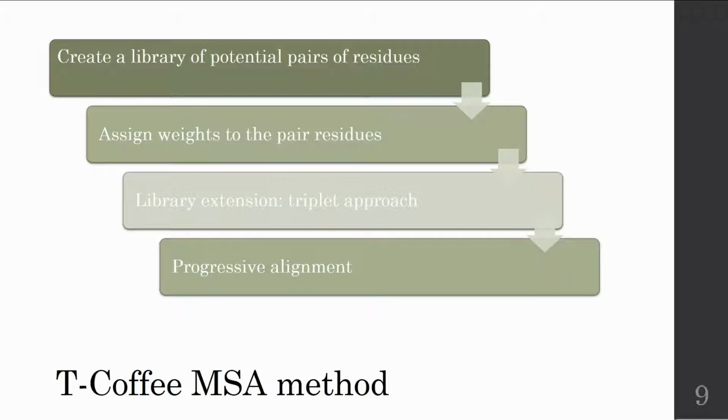So you have these pair residues, and you will try to find other sequences that can be considered as an intermediate residue. So like I said, you have a residue in sequence X, and it aligns with sequence Y, and you're going to look for intermediate residues where X aligns with Z and Z aligns with Y. It must mean that X will align with Y.